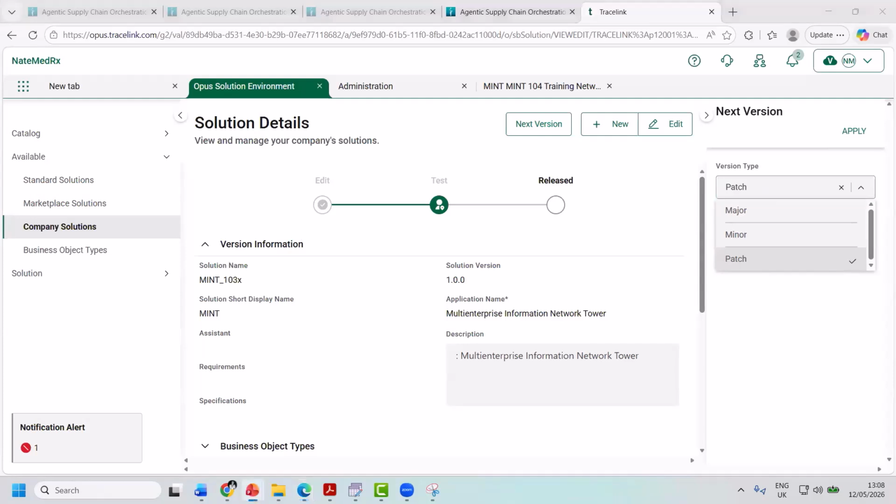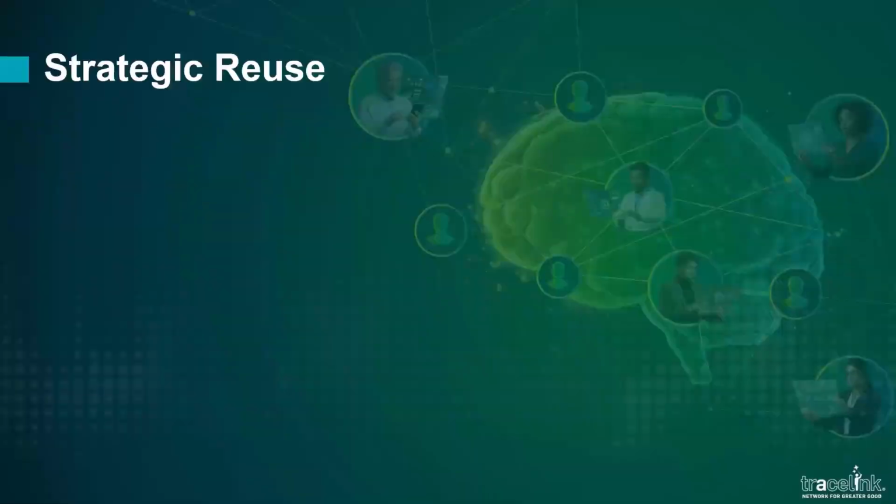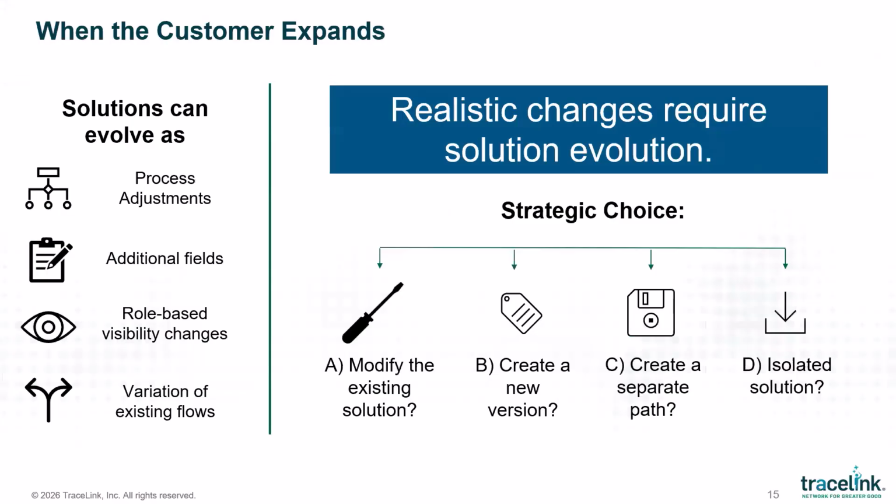We're going to now take a look at strategic reuse. So as solutions evolve, different situations arise. Process adjustments, additional fields, role-based visibility changes, variations of existing flows, all of these are realistic within OSE. The key question becomes, are we evolving the existing solution or are we creating a separate path for it?